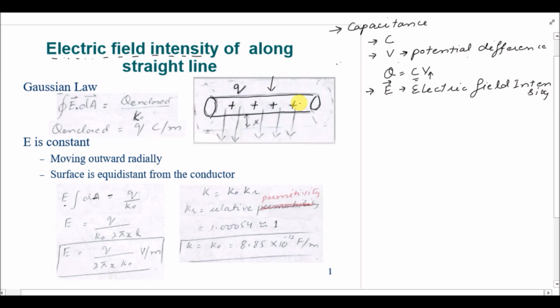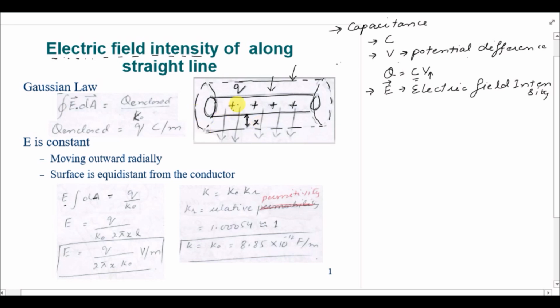It is radially outward from the conductor as the charge is placed over the conductor. So in order to calculate the electric field at a certain distance from the conductor, we have to first define a surface that is covering the whole conductor, and this surface is known as the Gaussian surface, which is at a distance x from the conductor.